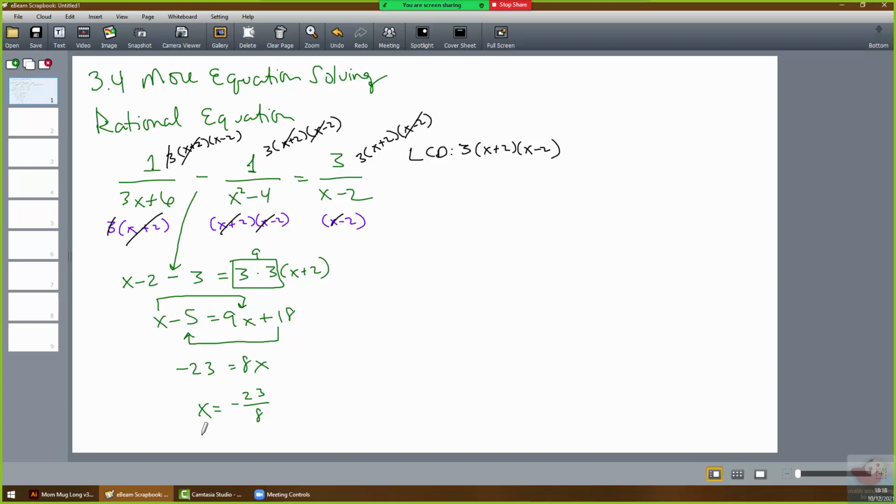We got negative 23/8. We're good. We don't have to worry about anything. If we had gotten 2 or negative 2, then we have no answer. We'd have no solution. So when you're doing these, it might work out to where there is no answer. So definitely check, because you cannot cause division by 0. That would be bad.